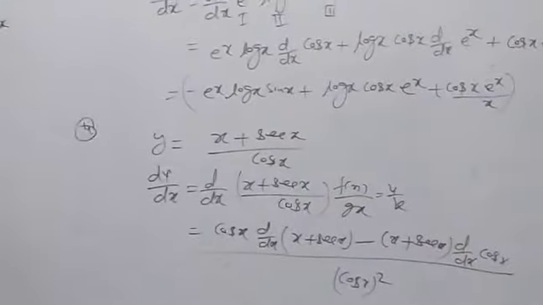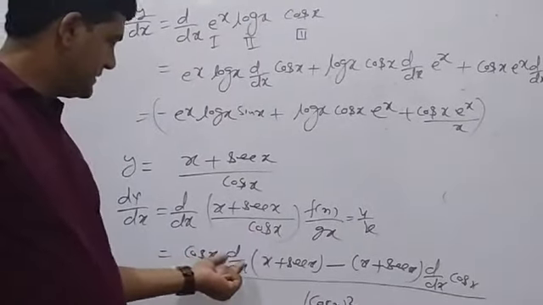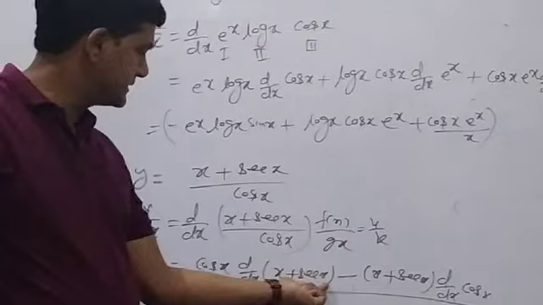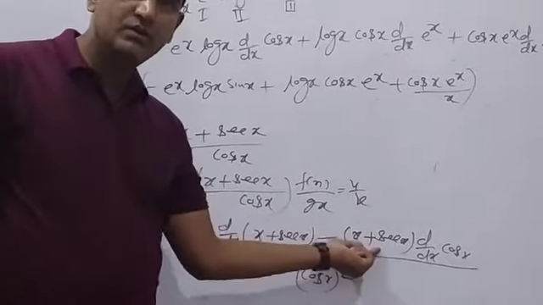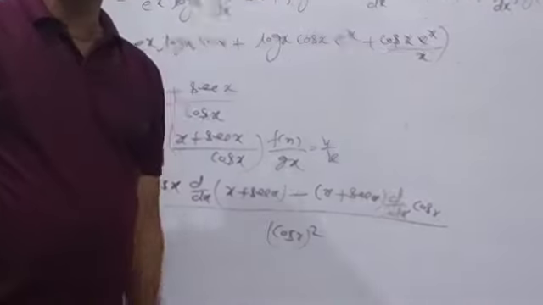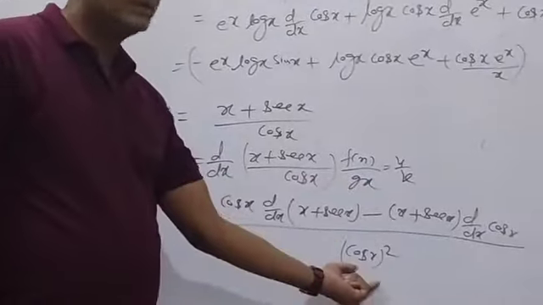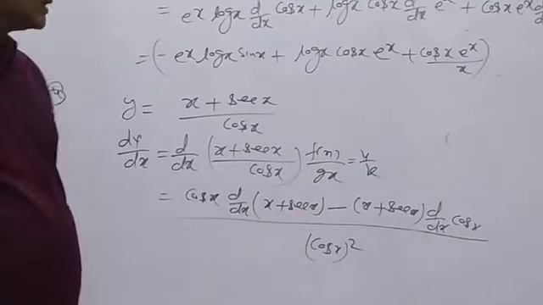Very simple. u by v: leaving v, d by dx of u, minus leaving u, d by dx of v, upon denominator v whole square.